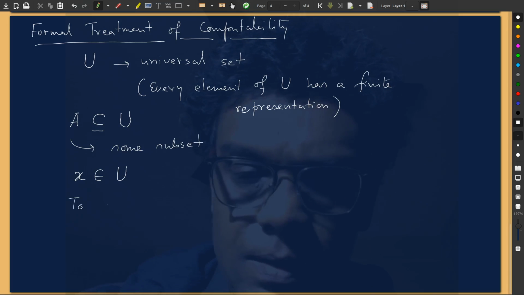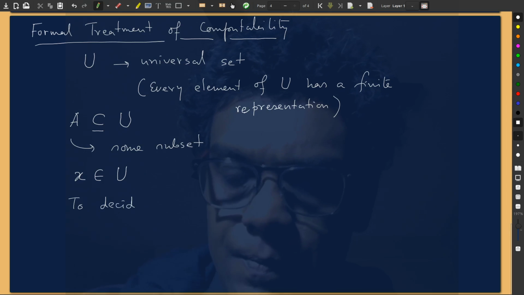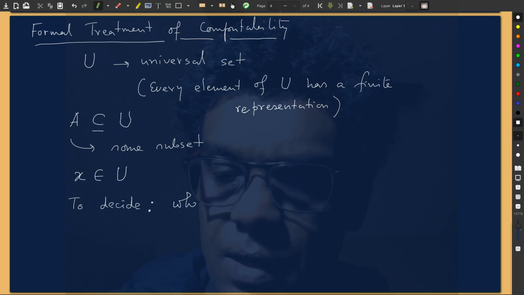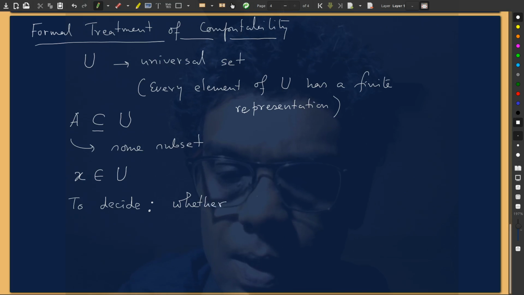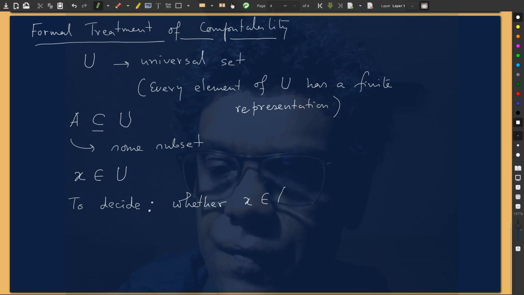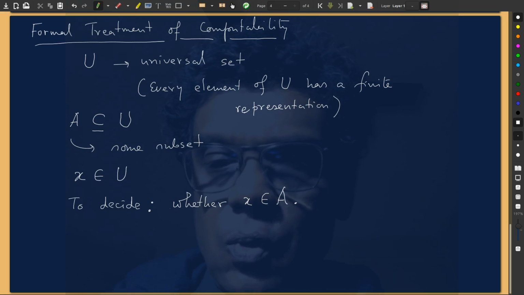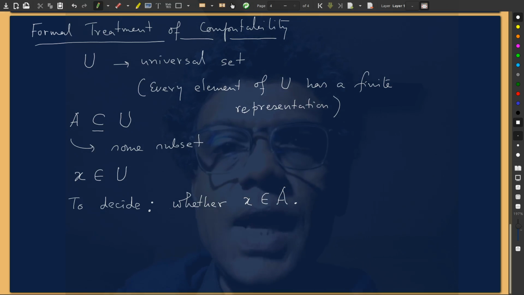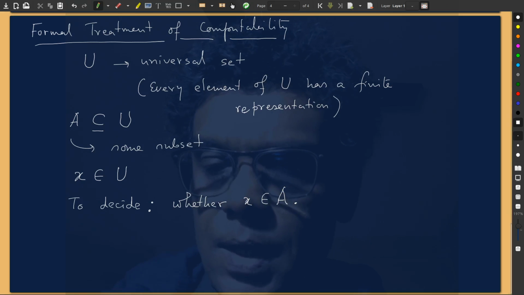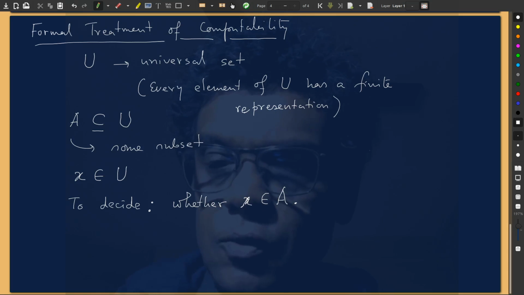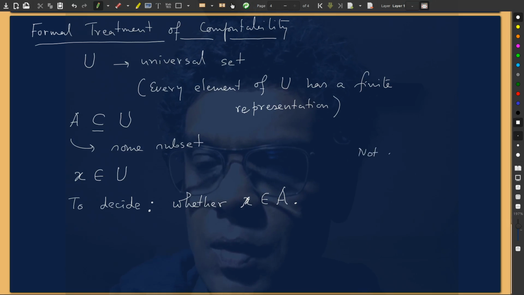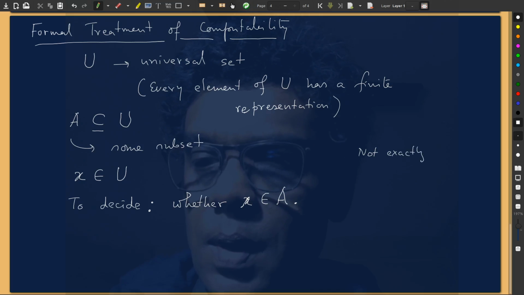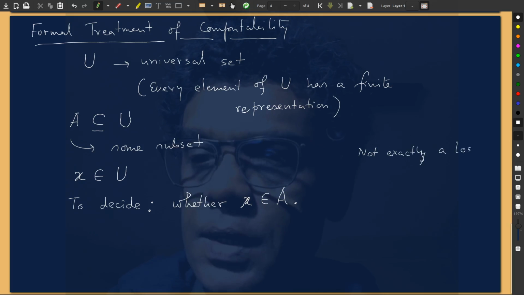And the formal way of defining a computation is to decide whether x is an element of A. Okay. So this may look a little bit like a loss of generality, but in practice we can see that this is not exactly a loss of generality.